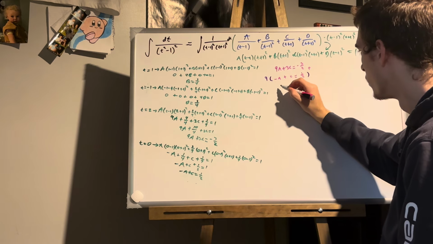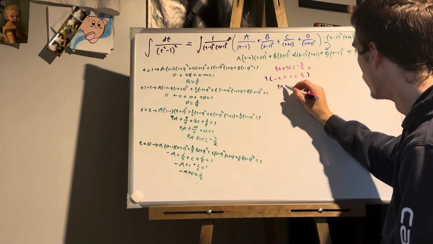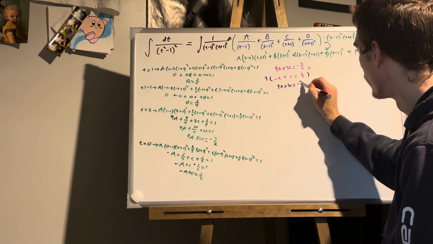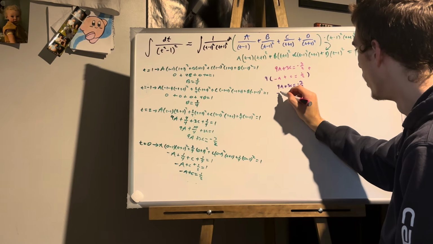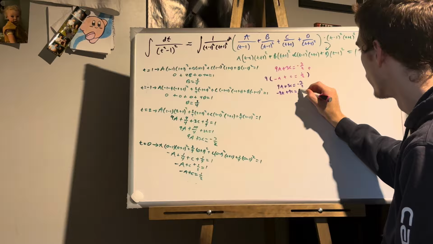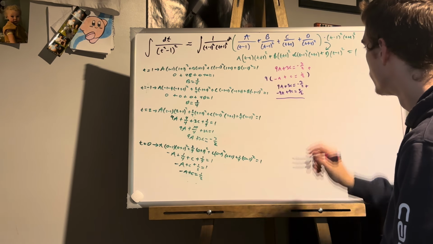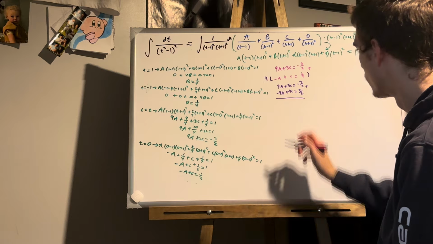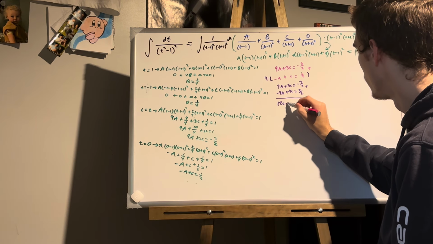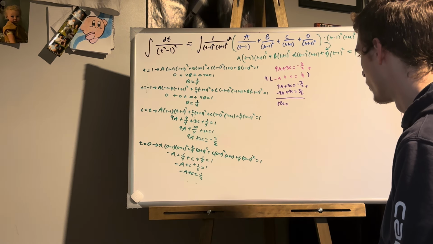There you go. So now we have 9a plus 3c equals negative 3 over 2. And then we have negative 9a plus 9c equals 9 over 2. Now that's being added together. And this will give us 12c equals negative 3 over 2 plus 9 over 2.